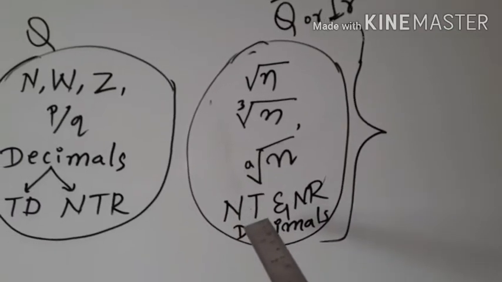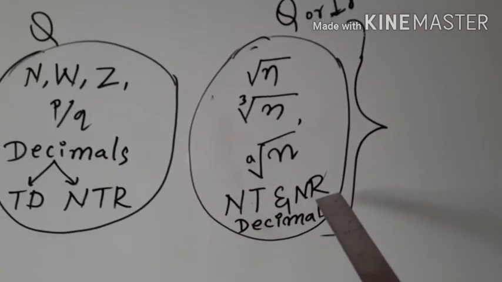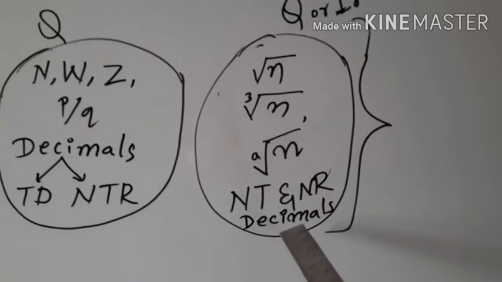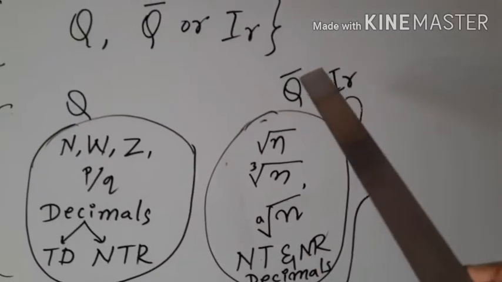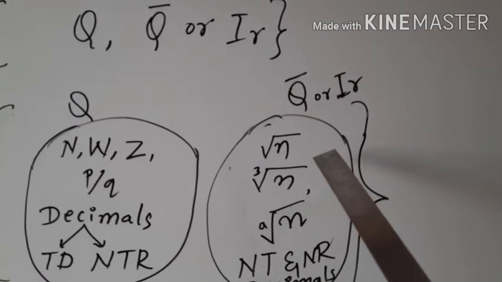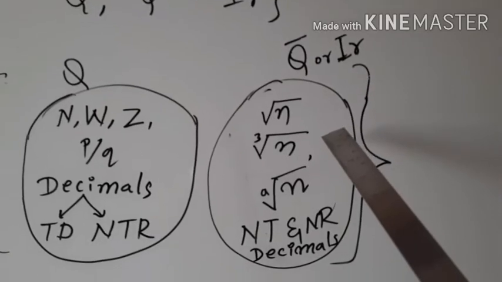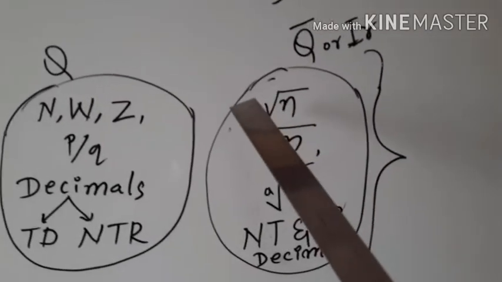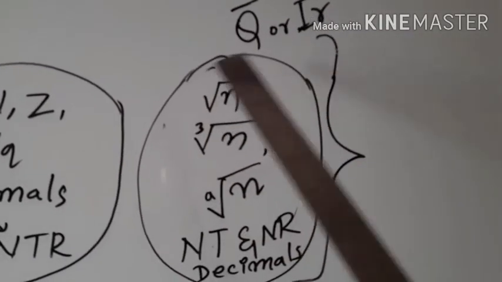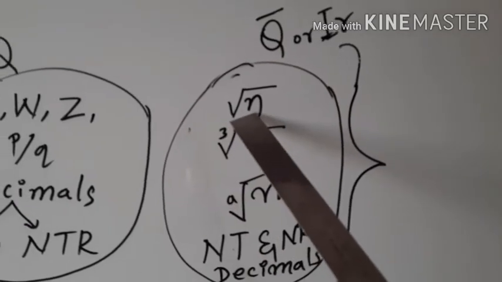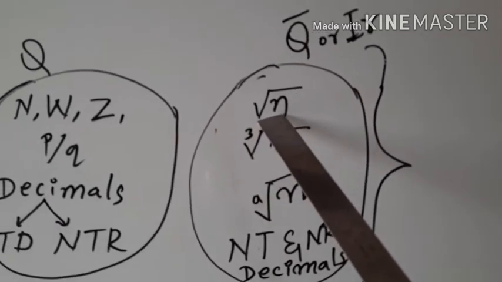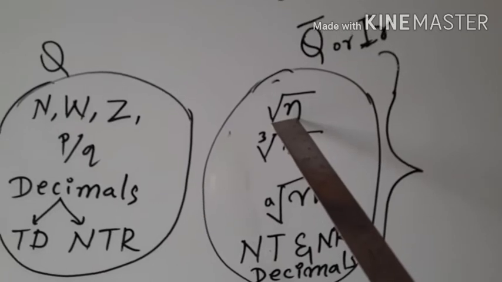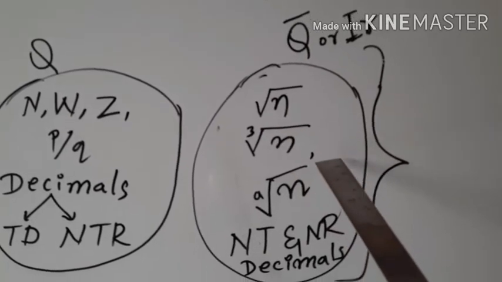So, non-terminating and non-recurring decimals are examples for irrational numbers, and we have seen just now that any number written under the square root mark is not necessarily an irrational number, and there are certain conditions.